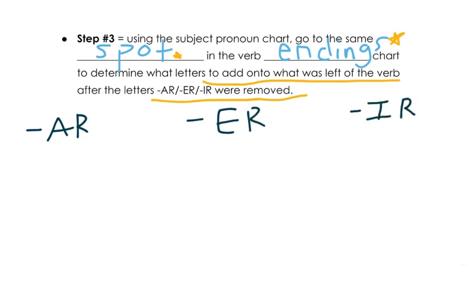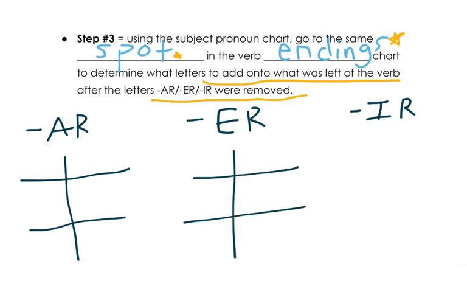And since I'm such a good teacher, you guys actually kind of already know the endings. You may not know that you know the endings, but a lot of you guys actually already know some of these. So, remember, in these charts, the different subjects are always going to be in the same spots.